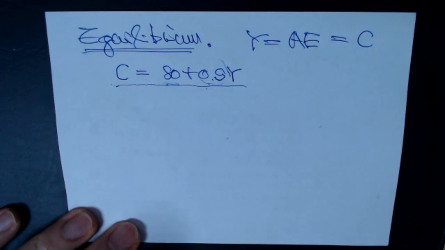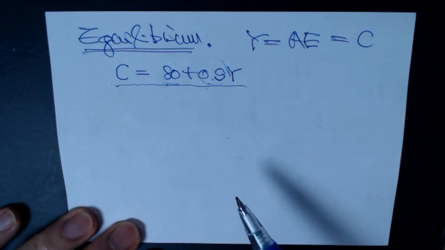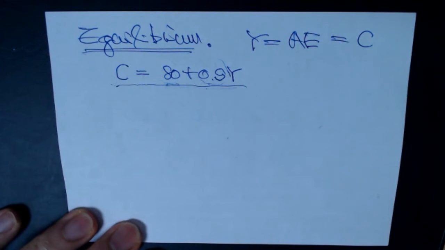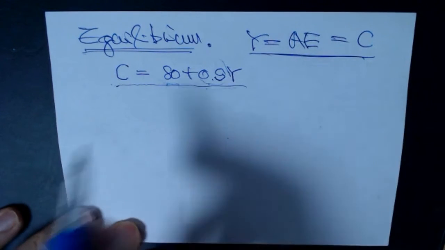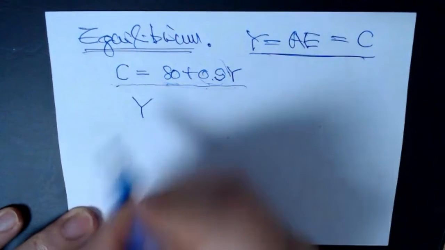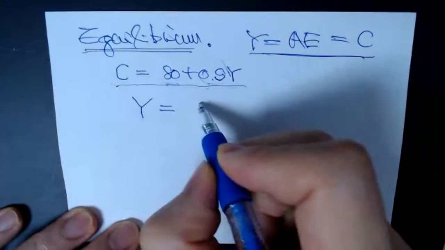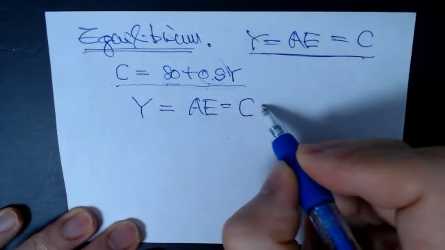You can change the question in this way. Finding the equilibrium means how much output this economy should produce to satisfy this amount of consumption. That's the equilibrium. So the amount of output in the economy should satisfy the amount of consumption in the economy.